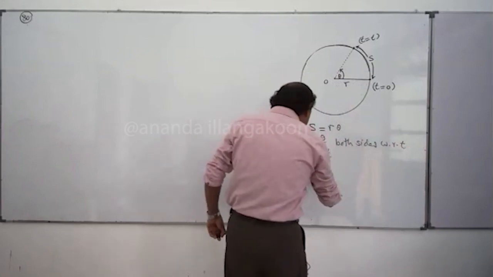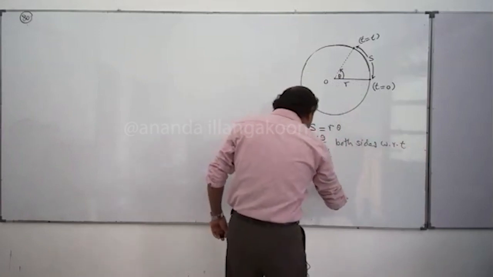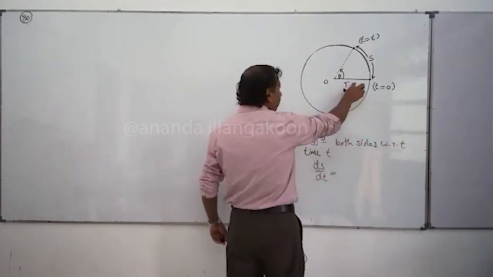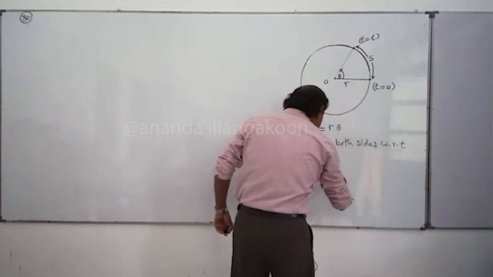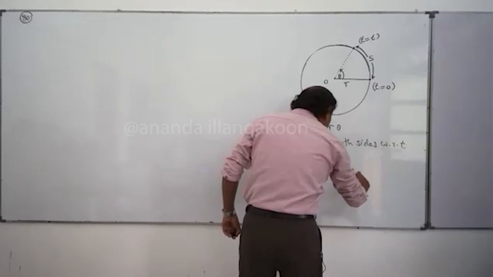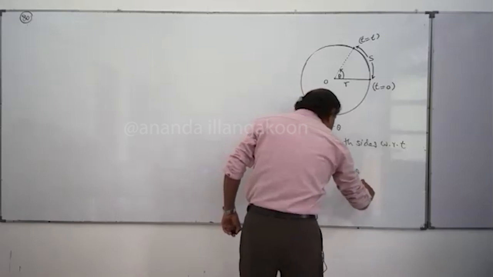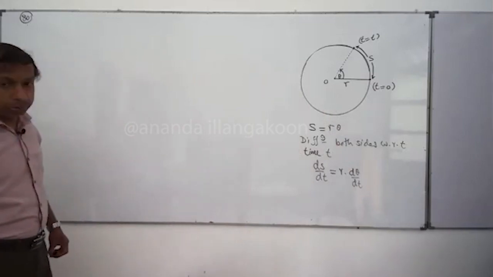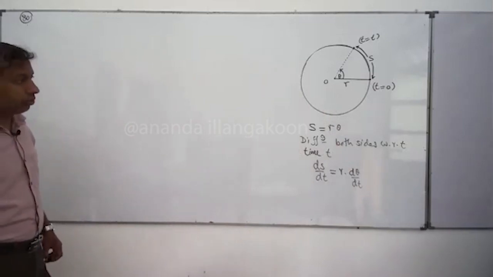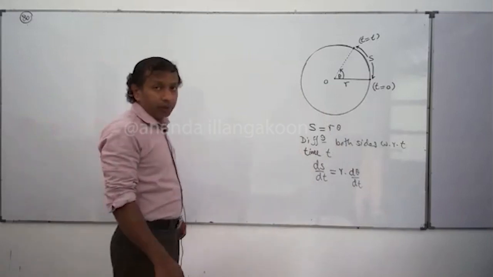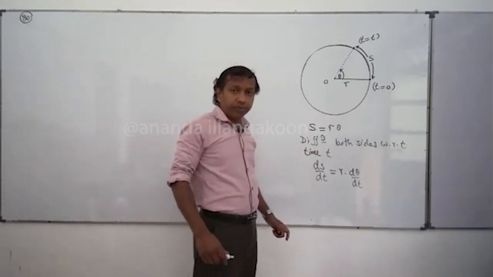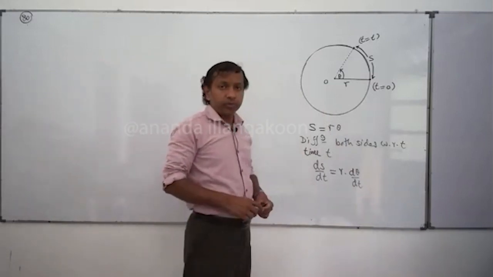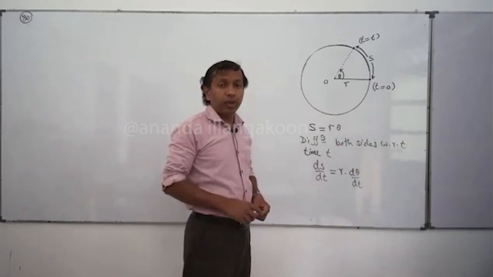We get ds by dt is equal to r times d theta by dt, where this r is the radius of the circle, a constant. Now ds by dt means the rate of change of arc length.